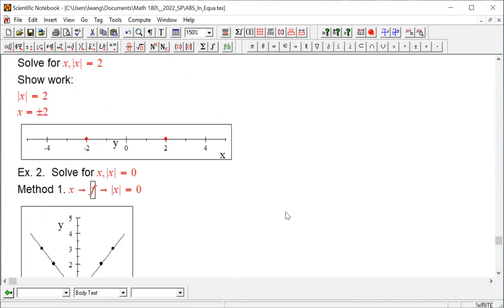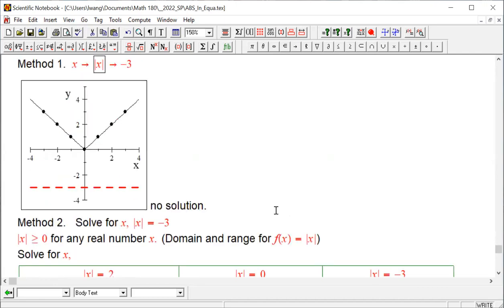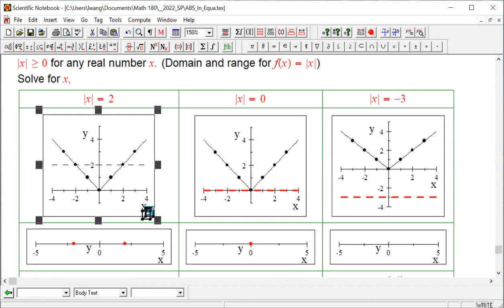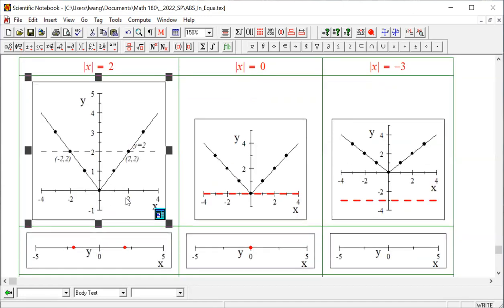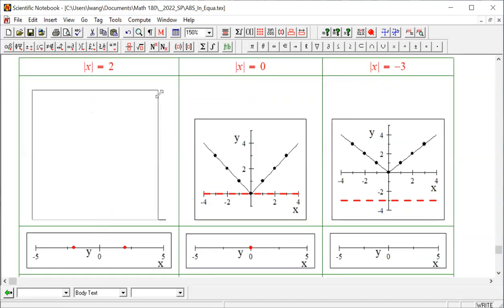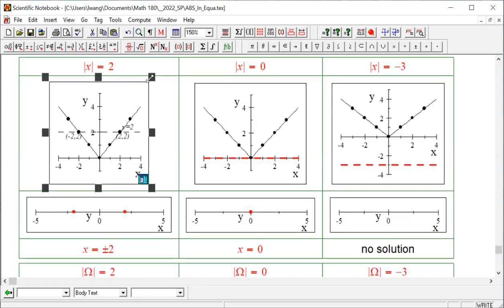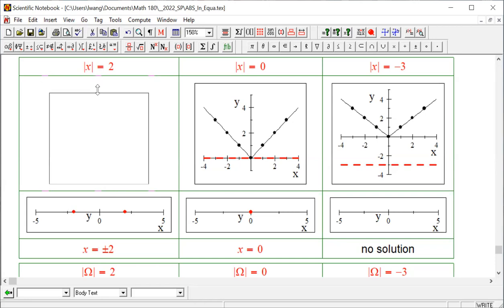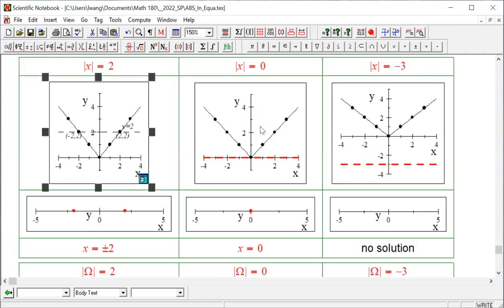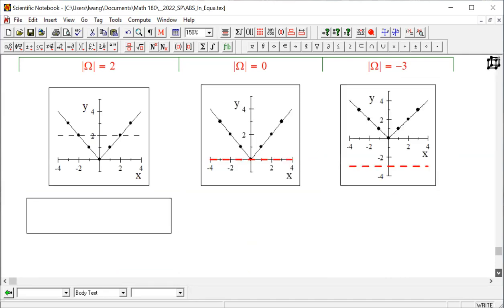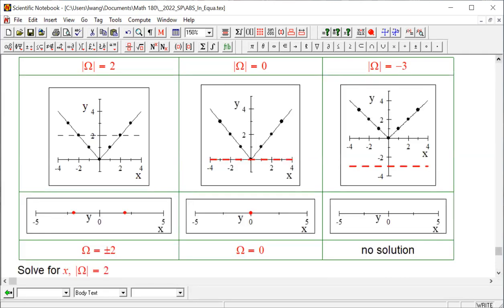This illustrates much better. It touches twice, so there are 2 solutions. Touches once, 1 solution. Touches at no time, no solution. And these concepts can be generalized.